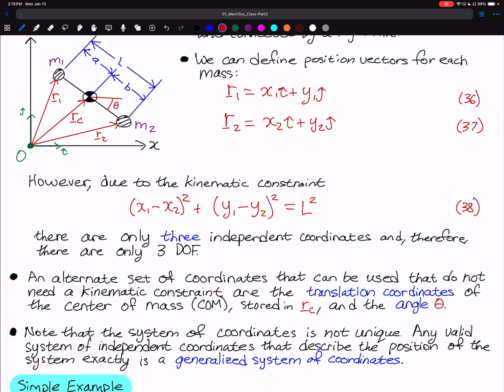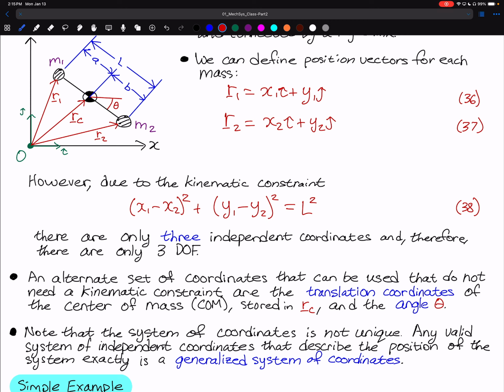Okay, so an alternate set of coordinates that we can use instead that does not lead to a kinematic constraint are the translation coordinates of the center of mass. That would be an x, y for the center of mass, plus a rotation angle, let's say the theta I've drawn there from that horizontal. So those are the 3 generalized coordinates for this system.